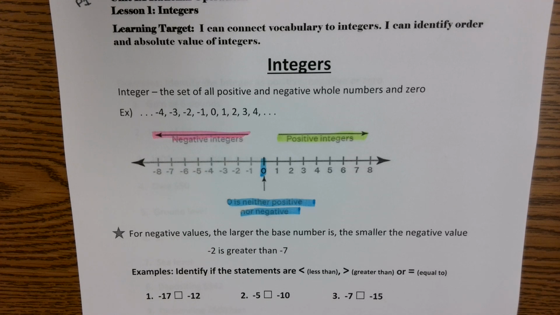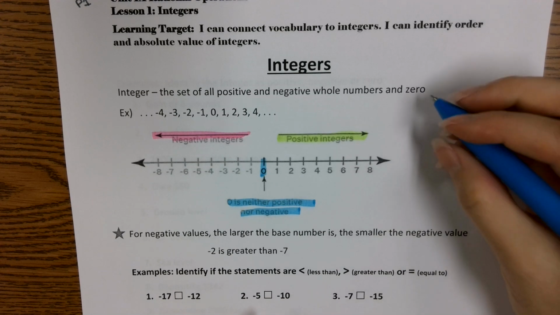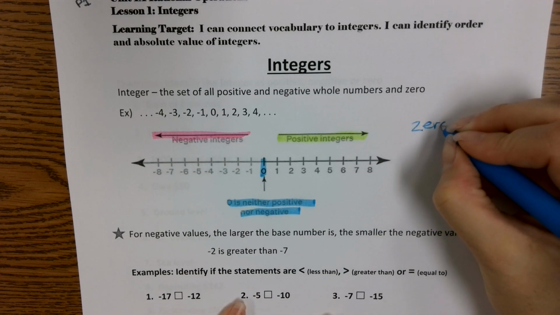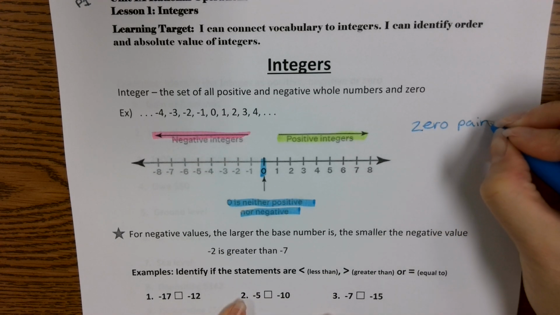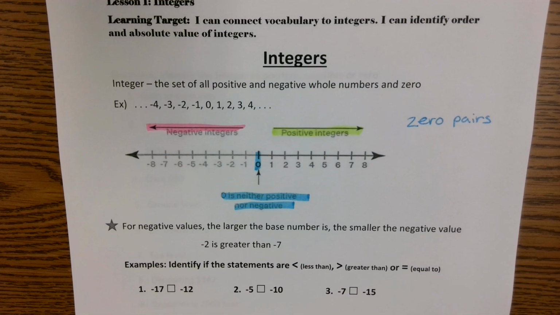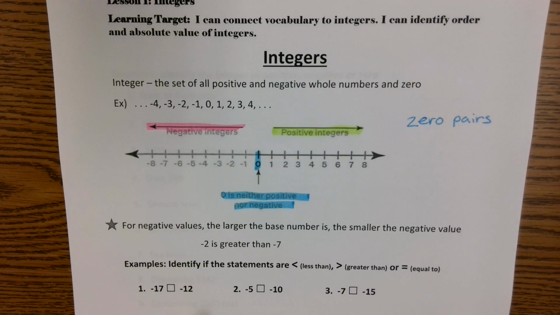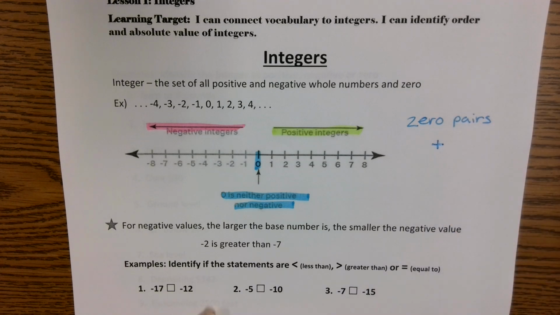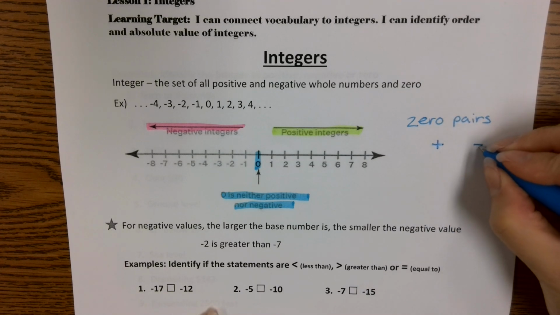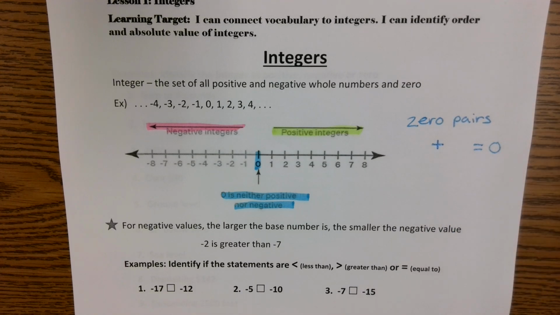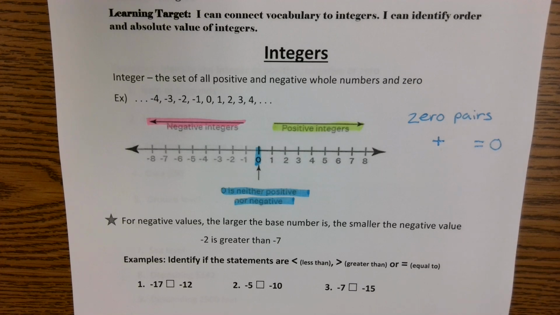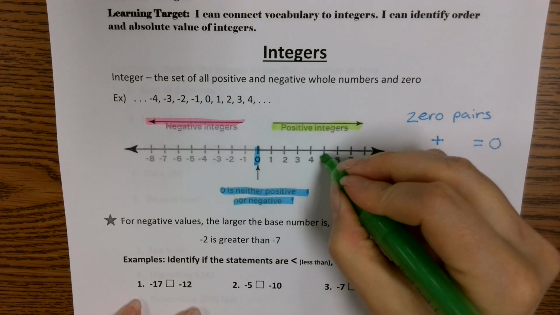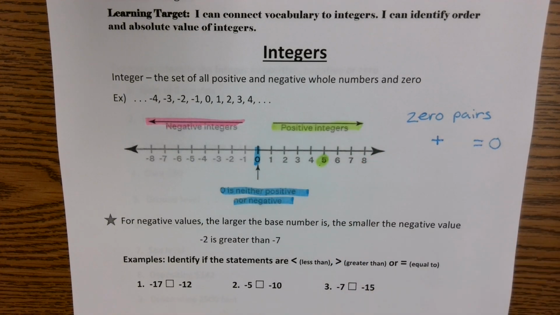Now, when we talk about integers, integers have 0 pair sets inside of them. So when we talk about 0 pairs, what we're talking about is how we can add two numbers together, and when we add them, it will equal 0. So let's say I take the number 5. 5 is a positive number.